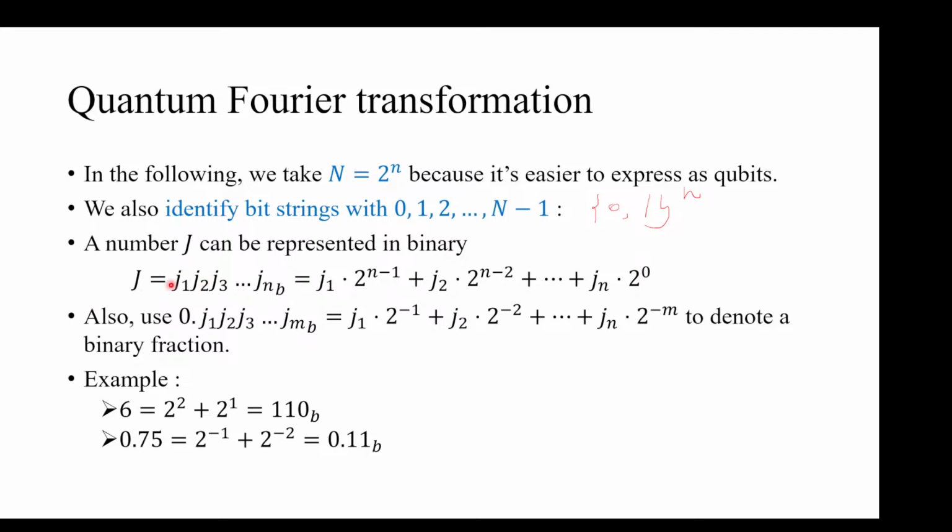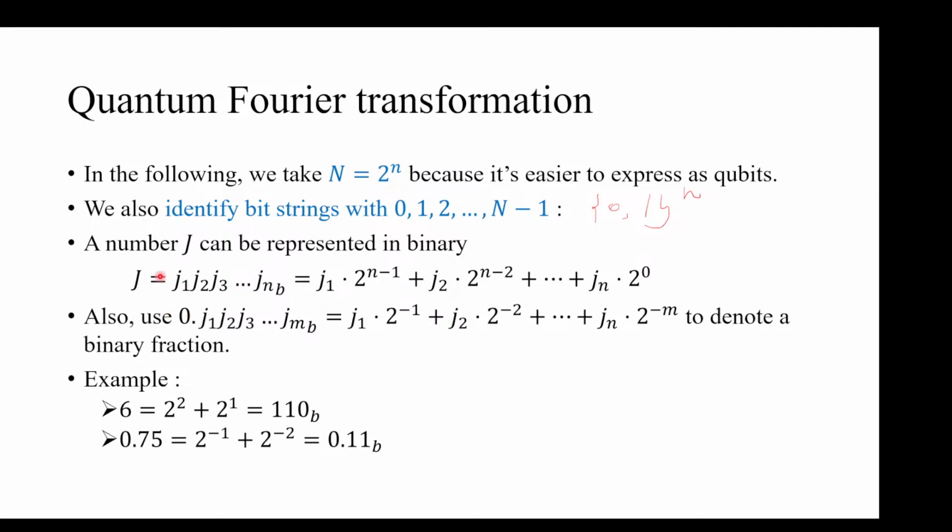So you just write things in binary. If j is some number between 0 and N-1, then we can associate it with a bit string j1 to jn, where each of j1, j2, j3 to jn is either 0 or 1. Okay, and then we think of these as binary strings.